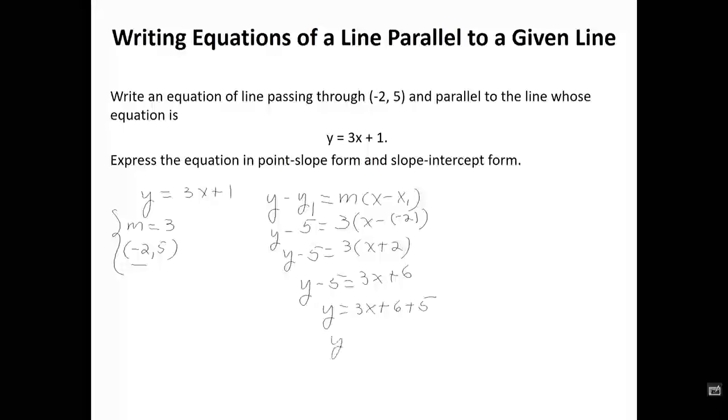So y = 3x + 11. So the equation of the line is y = 3x + 11. And this final form is in the slope-intercept form because the slope is 3 and the y-intercept of the line is 11.